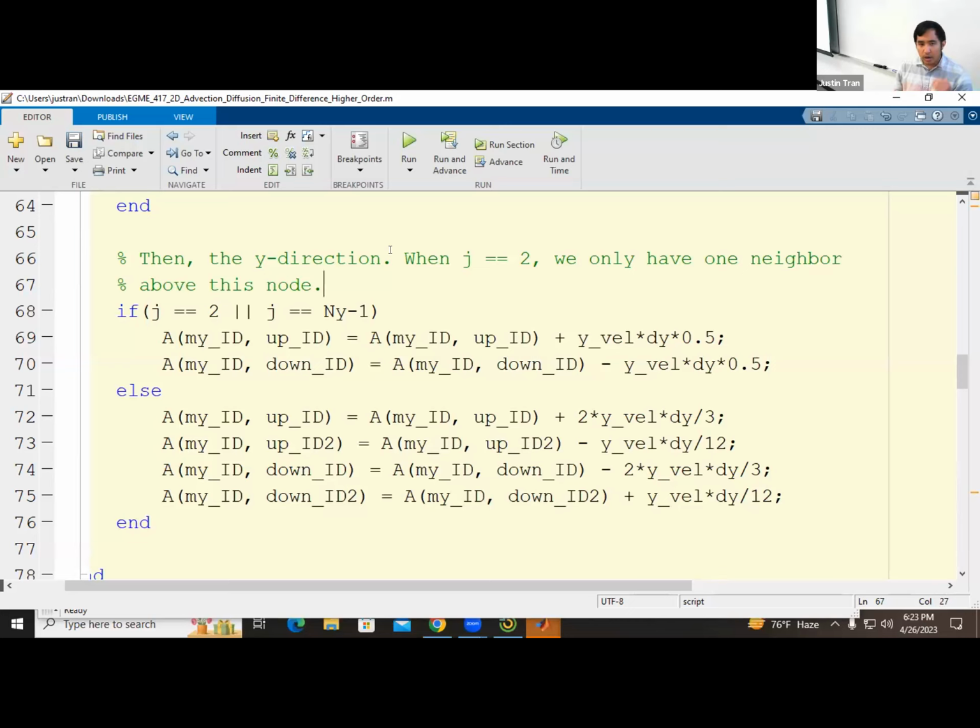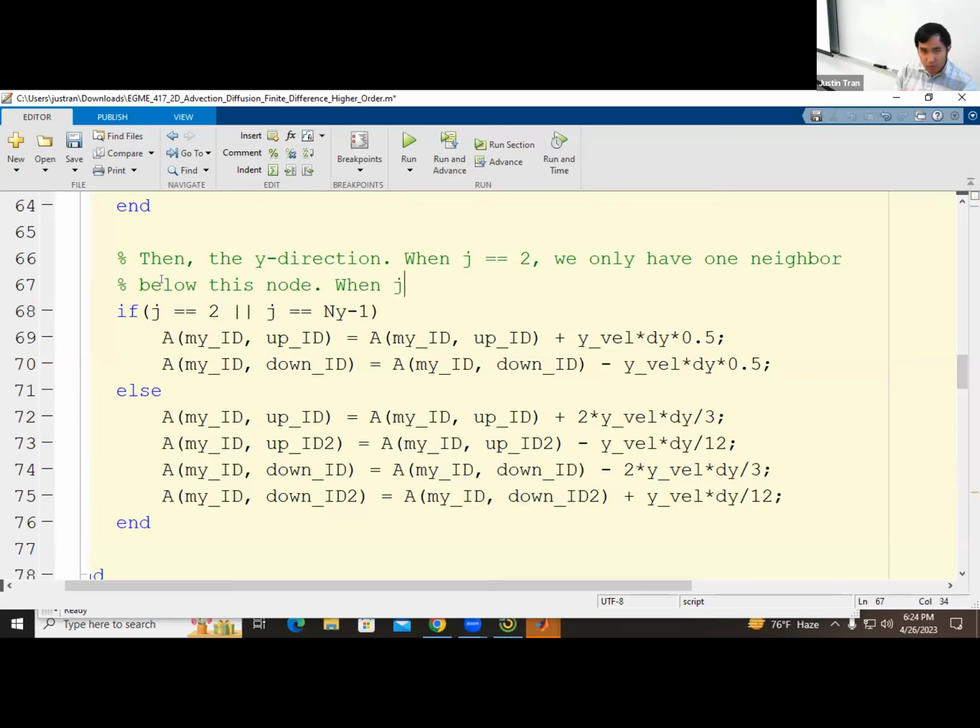When we have 1 neighbor up top, that means we can't apply our scheme. Oh, I'm sorry. When j is equal to 2, we only have 1 neighbor below them. I need to get more sleep. Okay, so when j is equal to 2, we only have 1 neighbor below, but same thing. And so if we only have 1 neighbor below, we can't apply our higher order scheme.